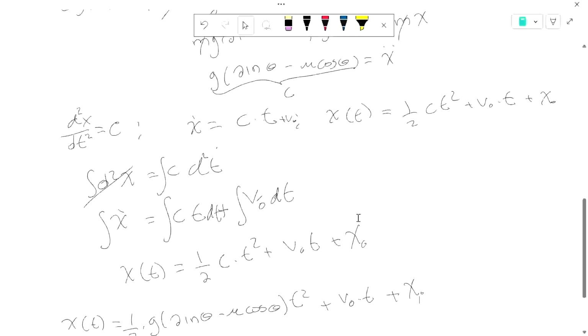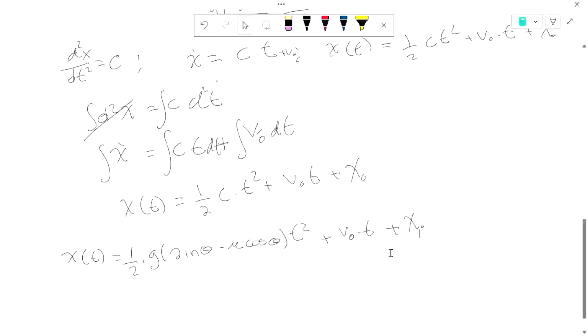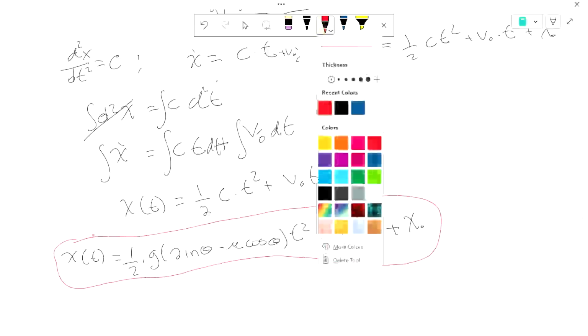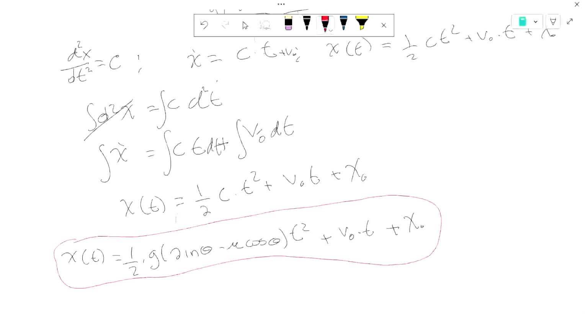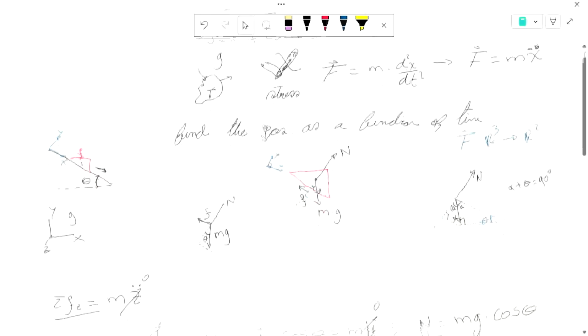Could be at 0 meters or at 10 meters, whatever I want. So this is the solution for the position as a function of time for this example, for this case.